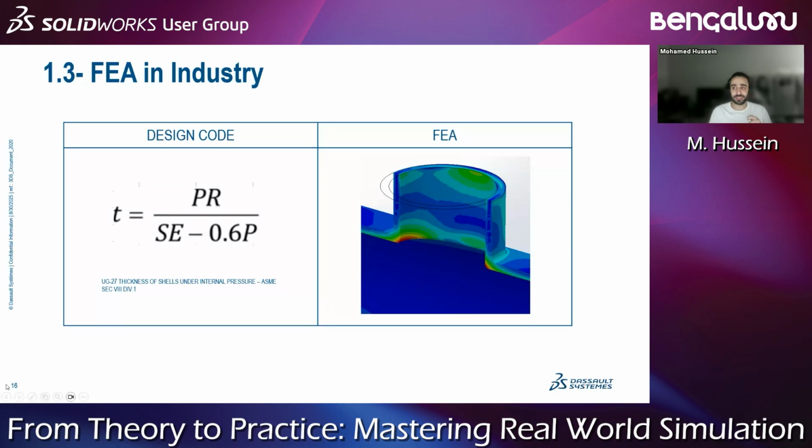If this is the only result you are looking for, if you are only looking for the minimum required thickness, you don't have to use FEA, or rather you cannot use FEA to get these results. However, if I'm looking for any other thing, such as stress distribution, failure analysis, why this happened, what-if cases, and a lot of other cases, in this case I need to use FEA.